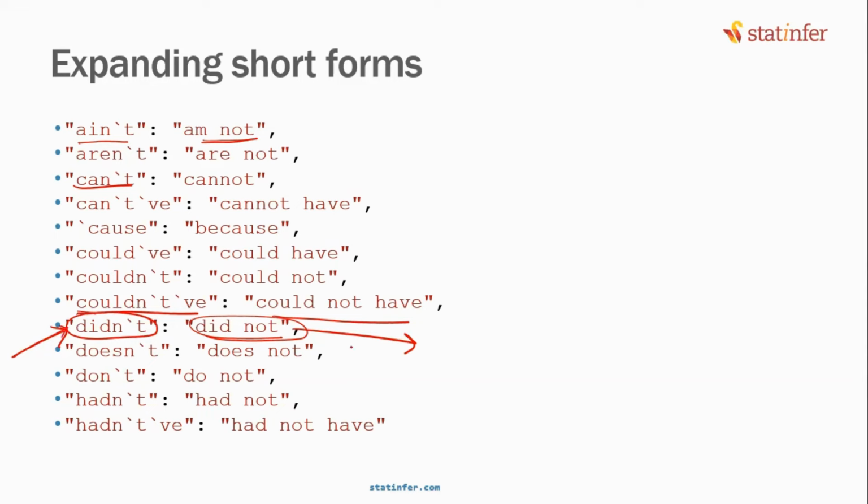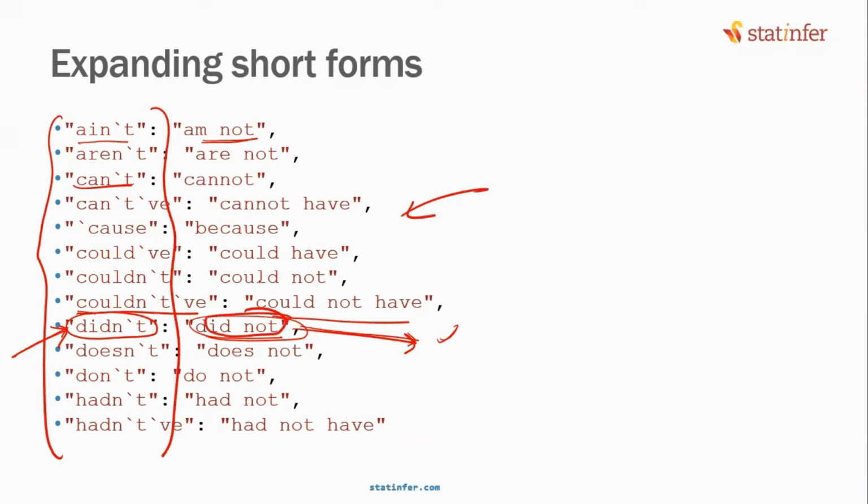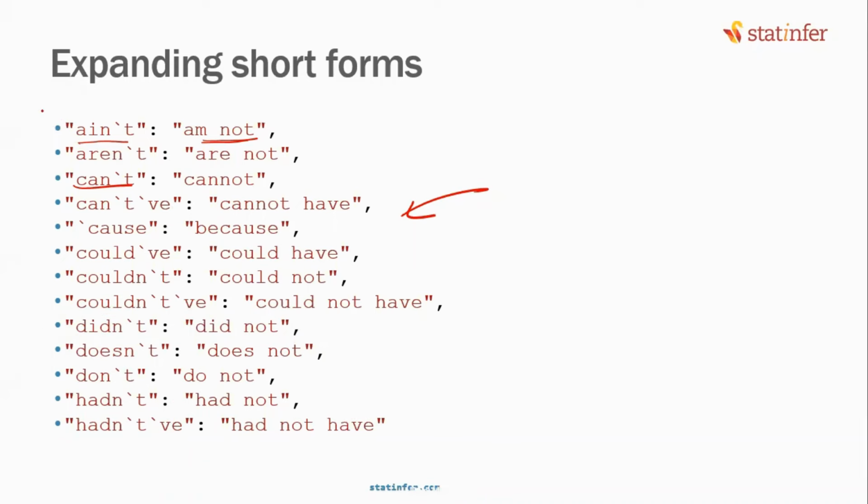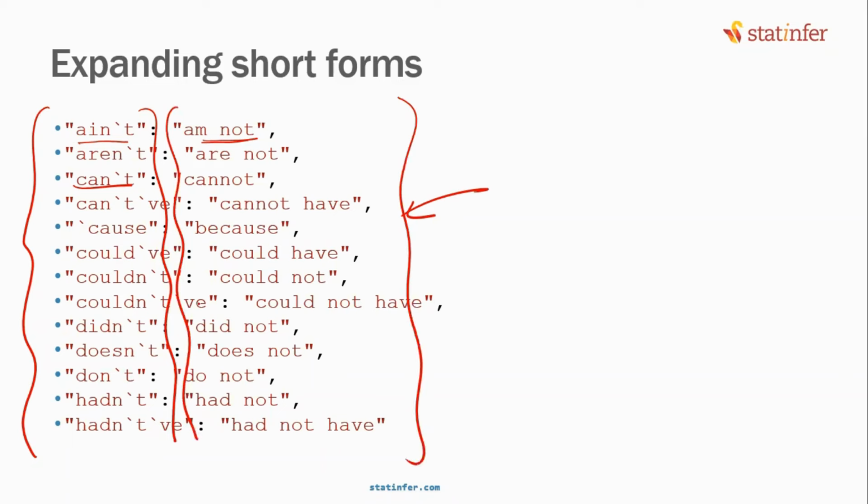Though their spelling is different, both are the same word. Do you agree with that? Somehow we need to take all these short forms and convert them into long forms so that everything has the same structure. Some people write in the short form and some in the expanded form. To bring uniformity, we have to convert these short forms into expanded forms.